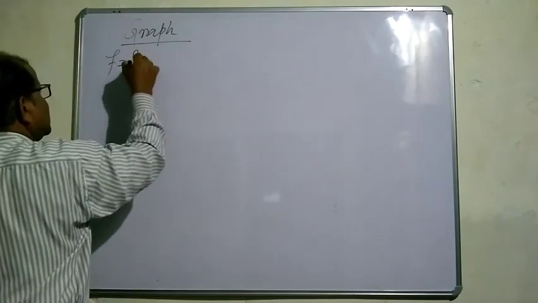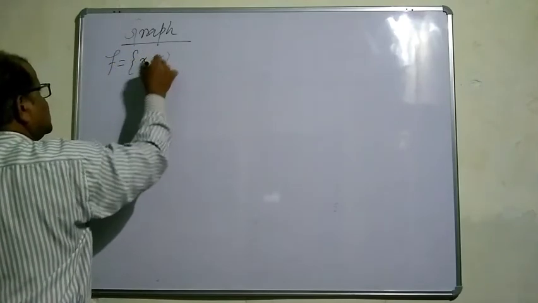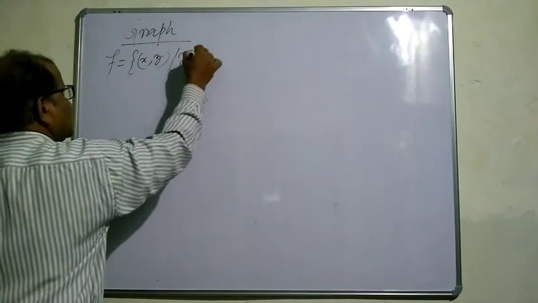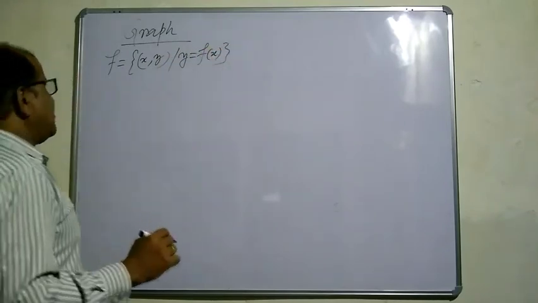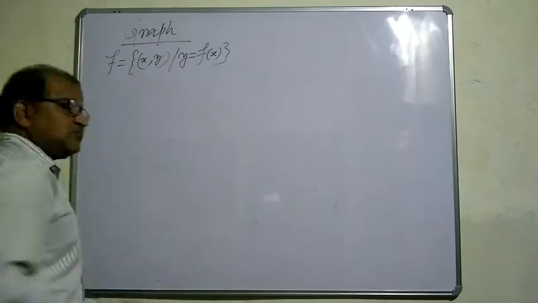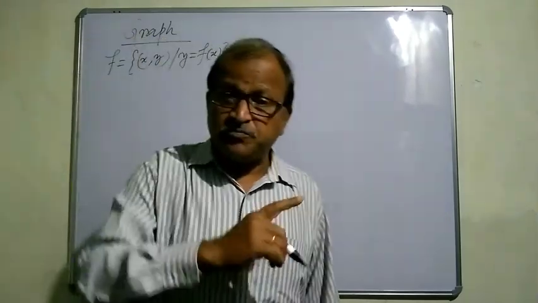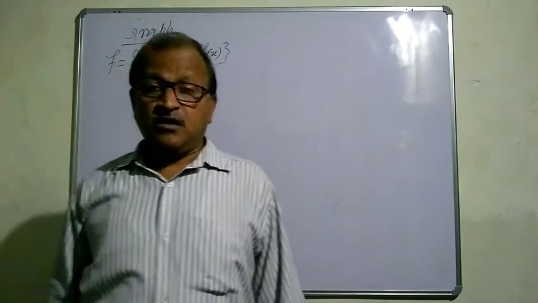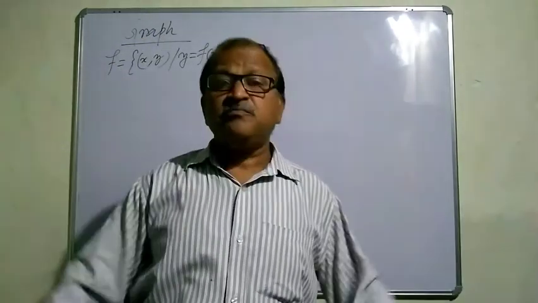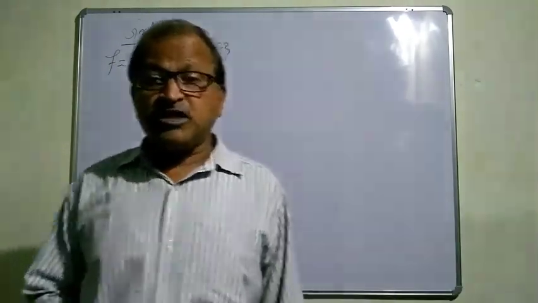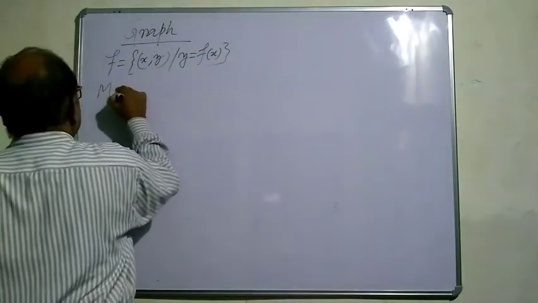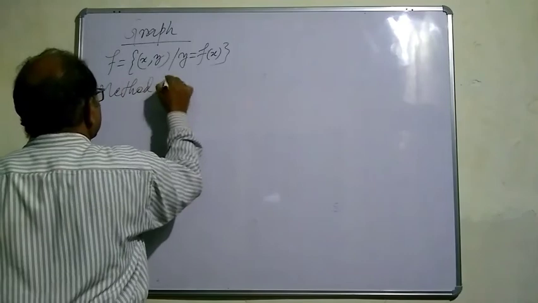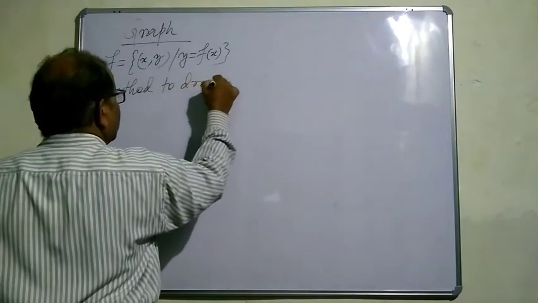Suppose f is the set of x, y such that y is equal to f(x). The graph of this is nothing but the set of points plotted on the coordinate plane. So how to draw the graph? Method to draw the graph.